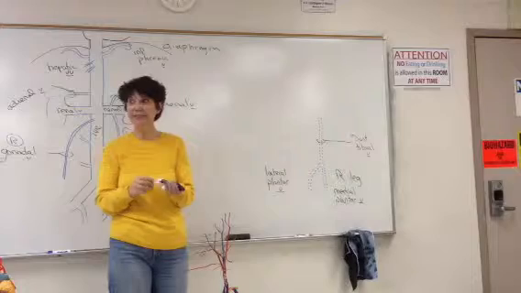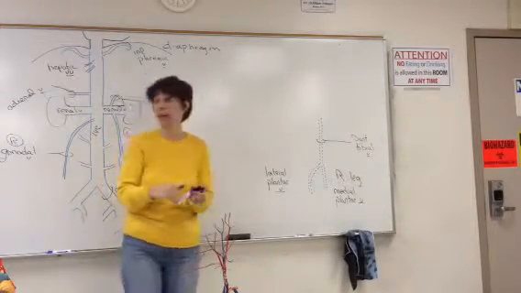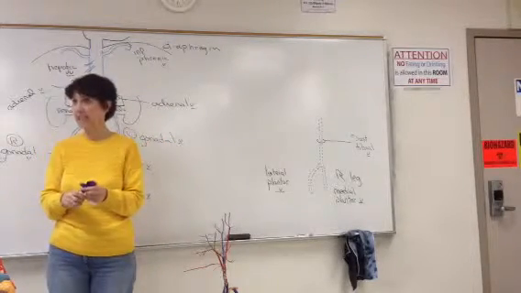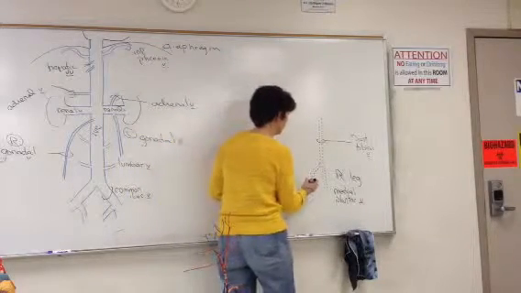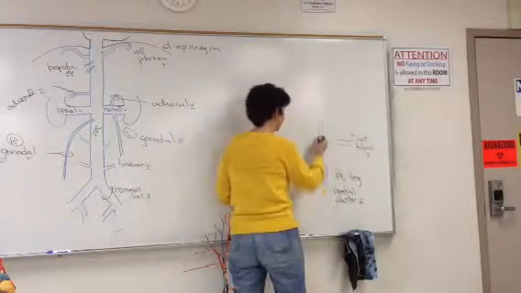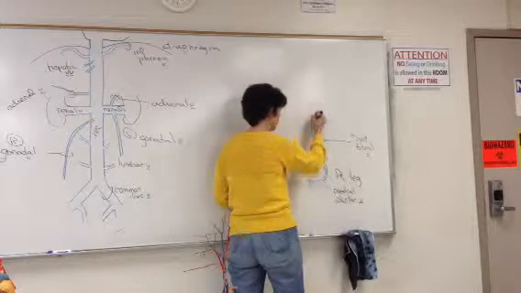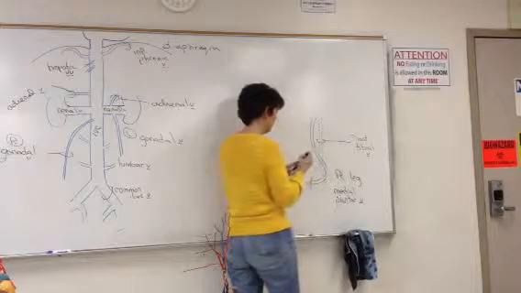Okay, nothing new, but we're going back towards the heart. What do we call the artery on the top of the foot? Dorsalis pedis artery. All right, so the vein carrying blood from the top of the foot is going to be the dorsalis pedis vein, which then will become the anterior tibial vein.